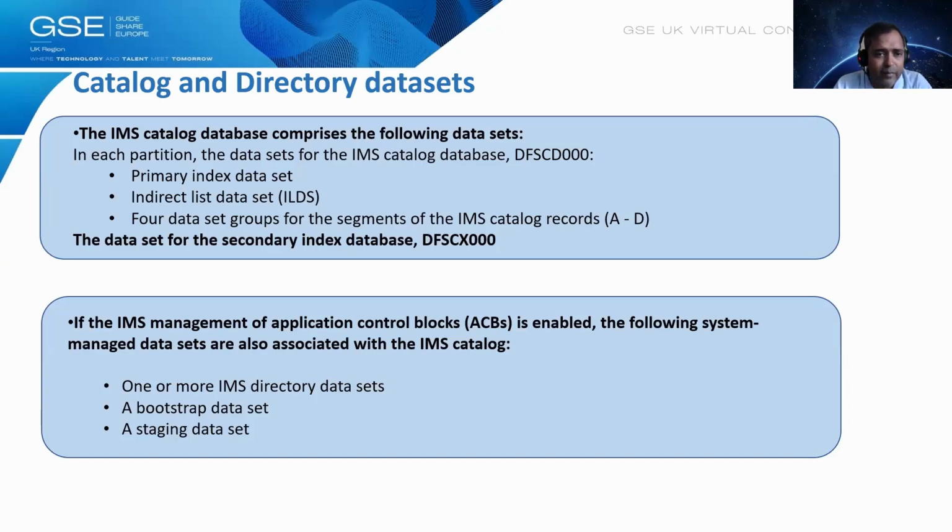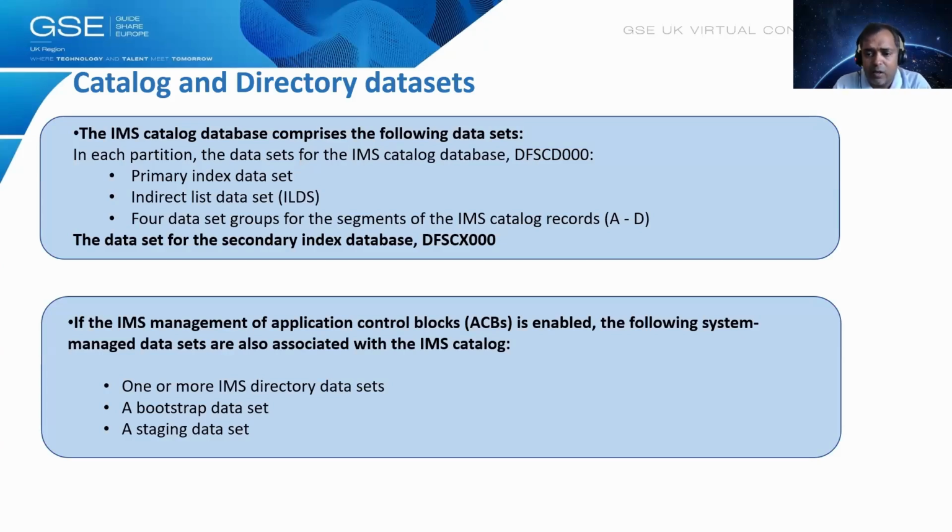One is the primary database, which is DFSCD000, and it has a primary data set, an index data set, and then a list data set. It also has 4 data set groups, which we have seen in one of the slides earlier, which was color coded, right? It also has a secondary database called DFSCX000, which is used for holding the cross-referencing information.